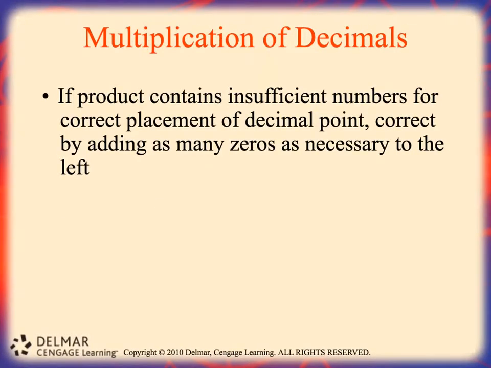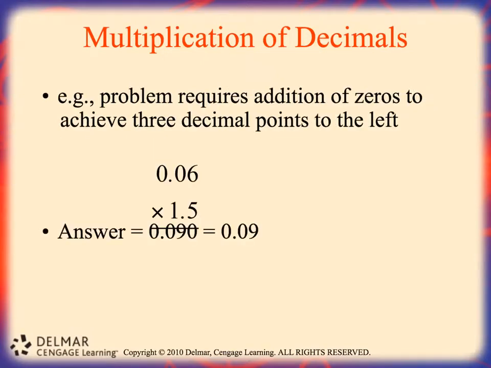answer. Sometimes your product, which is the answer that you come up with when you multiply, doesn't have a sufficient number of digits to correctly place the decimal point. In that case, we have to add zeros. Here is an example of that.